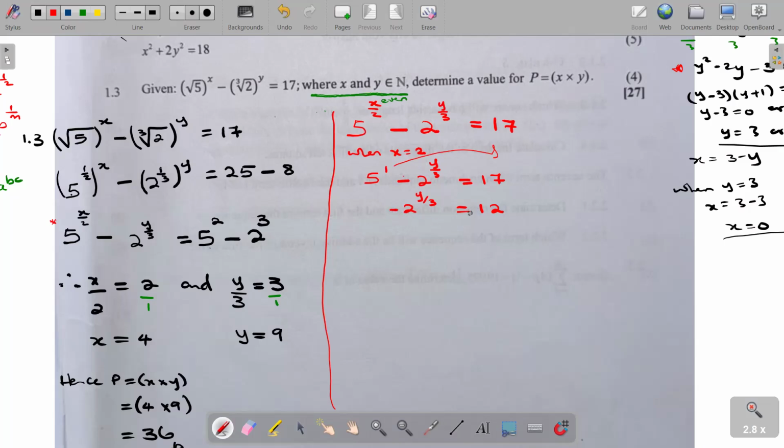So it means this one was not acceptable, because the answer that we're going to take for y won't be a natural number. Let's check when our x is 4. We're going to just go and put 4 there.